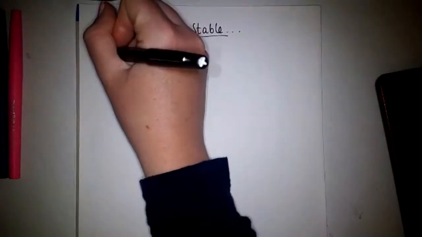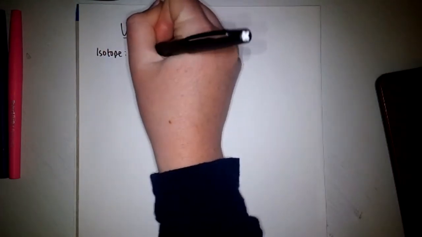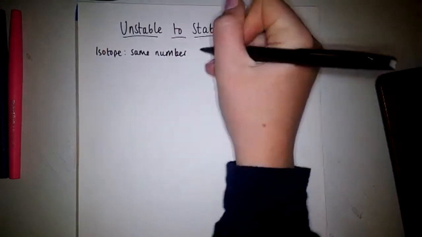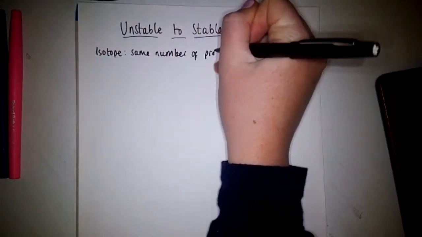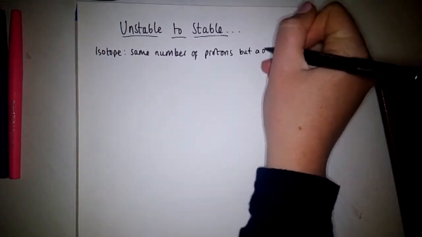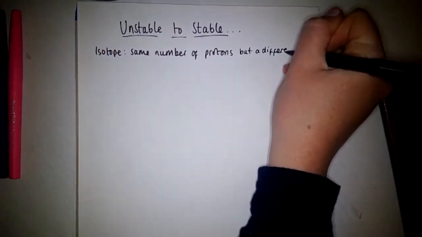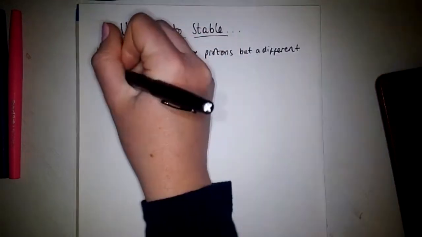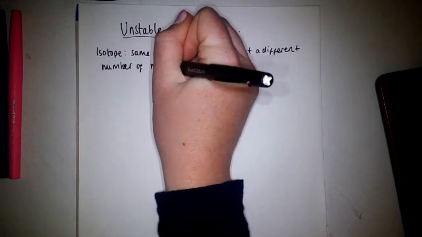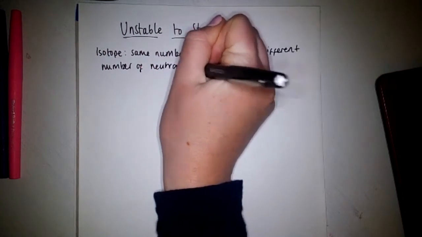So an isotope, just to refresh your memory, is an atom with the same number of protons but a different number of neutrons.